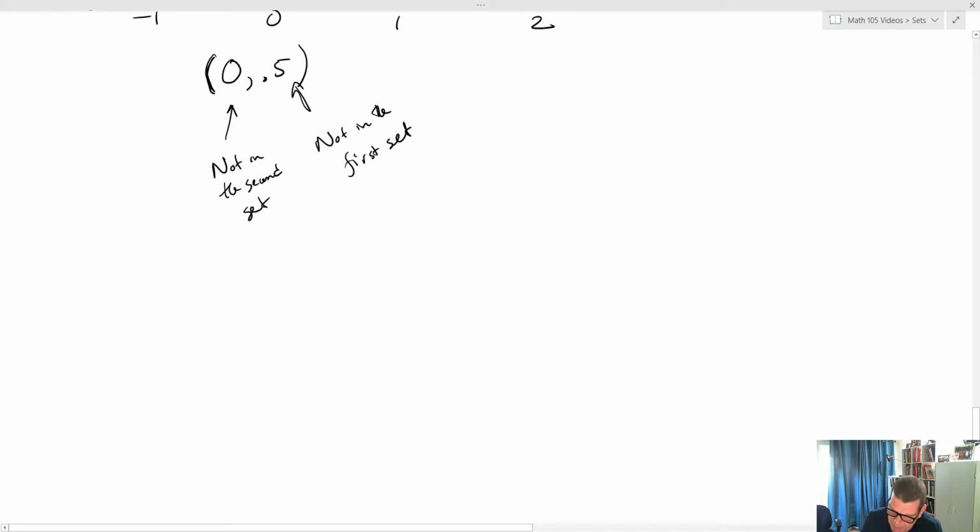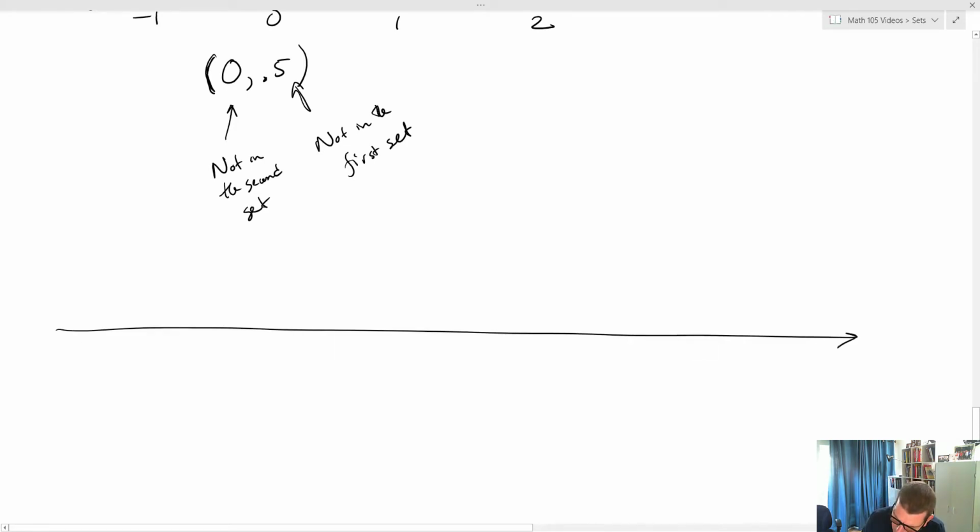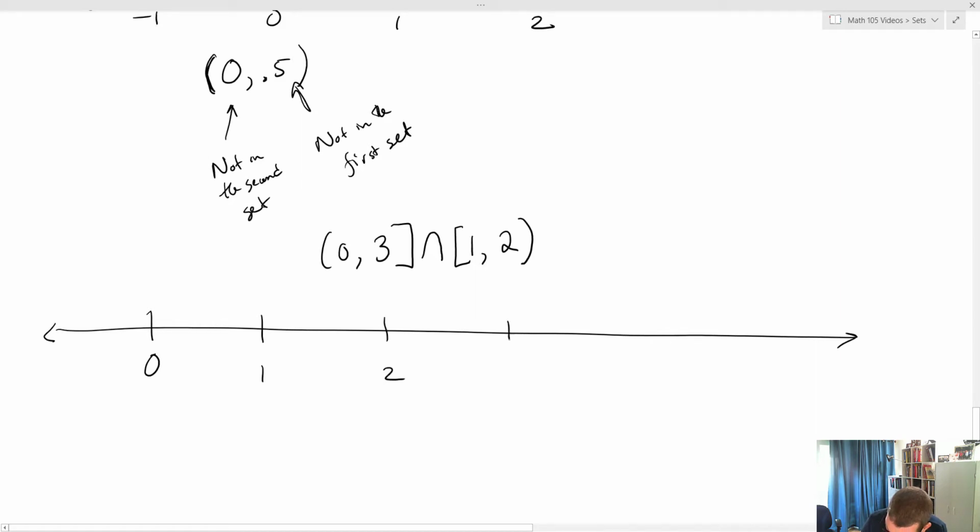Let's take a look at one more example. Let's go from 0 to 3 inclusive, and we'll intersect that with 1 to 2 not inclusive. So when I look at this, here's 0, 1, 2, 3. Okay, 0 is not included. We take it all the way to 3, but 3 will be included.